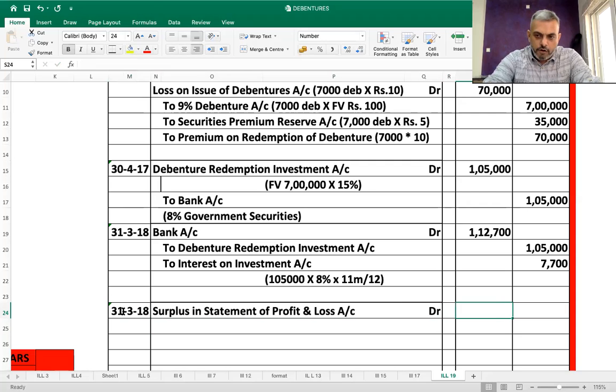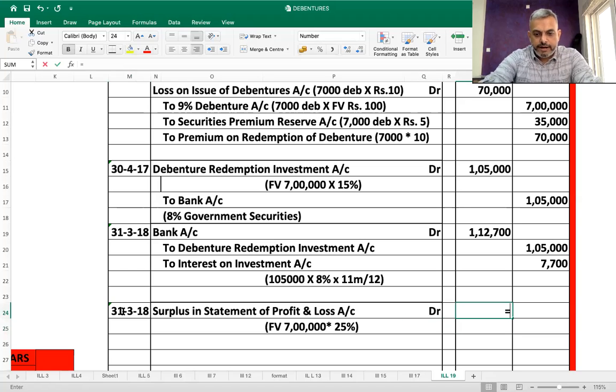Debit how much we have to transfer: 25% of the face value. So in bracket, face value 7 lakh into 25%.